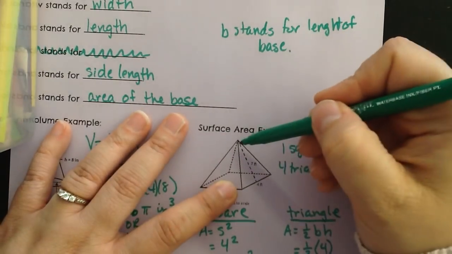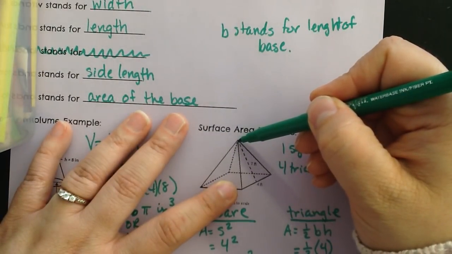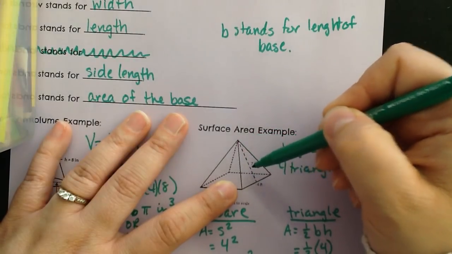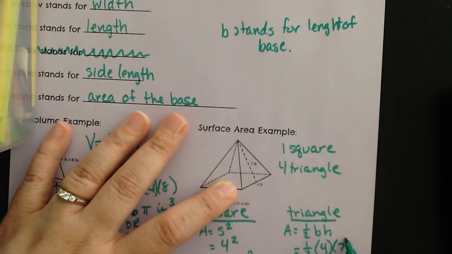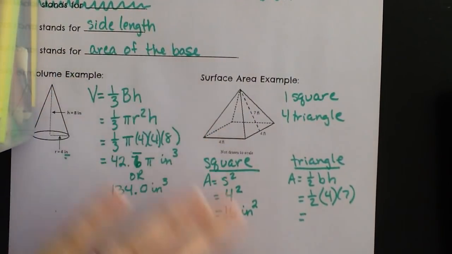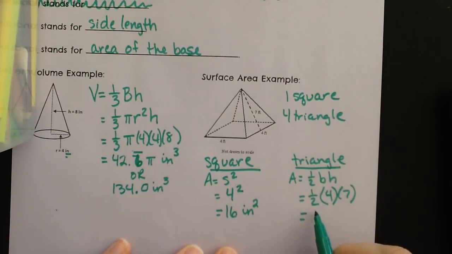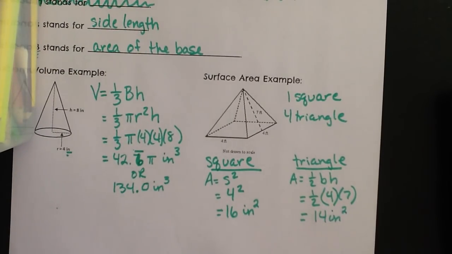The height goes from the vertex or the tip down to the base, which is right here, is 7. Okay, and then I know I can do this in my head. 1/2 of 4 is 2. 2 times 7 is 14. So this would be 14 inches squared.